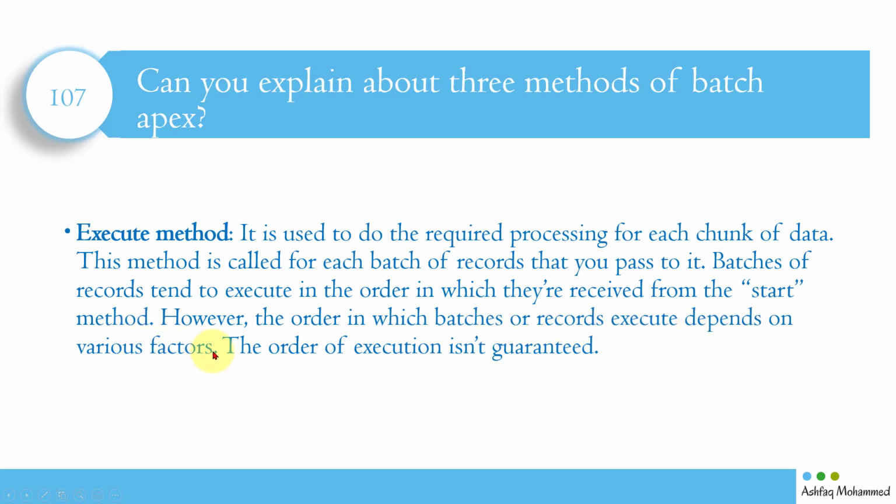So it executes in the order it received, but there are many other factors that affect the sequence. The order of execution isn't guaranteed, so you should not write your logic thinking that it will process the records in a particular sequence. Your logic should be independent of the sequence.